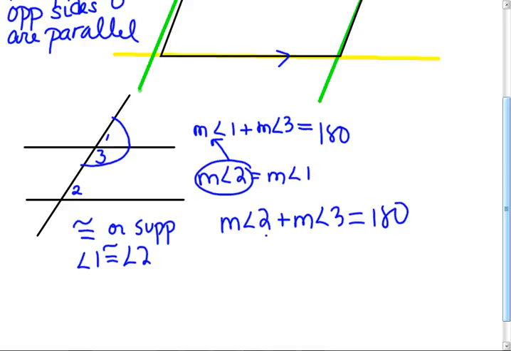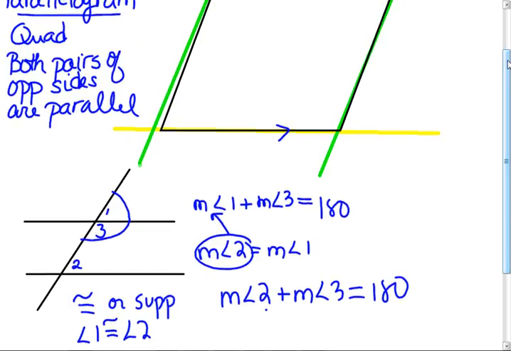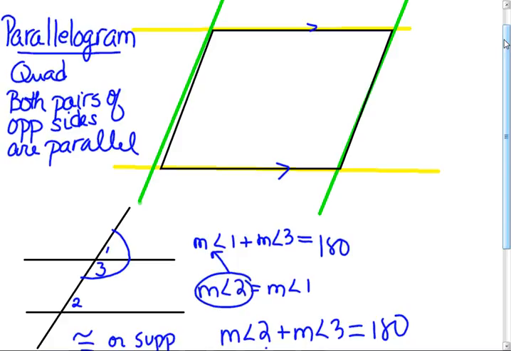So when you're looking at these problems, they're either all going to be equal or they're going to add to 180. When you have parallel lines, you have parallelograms. So angles 2 and 3 are supplementary: the measure of angle 2 plus the measure of angle 3 equals 180.